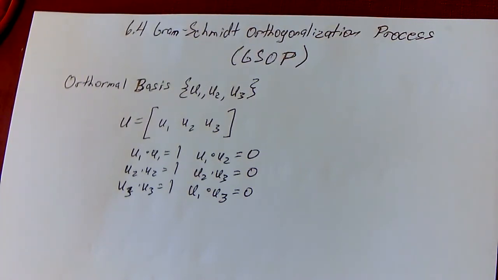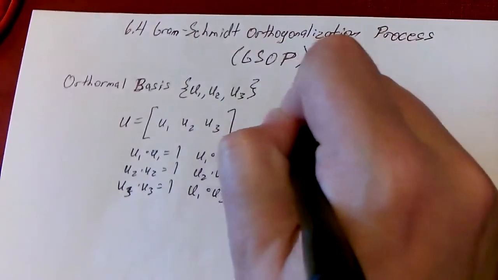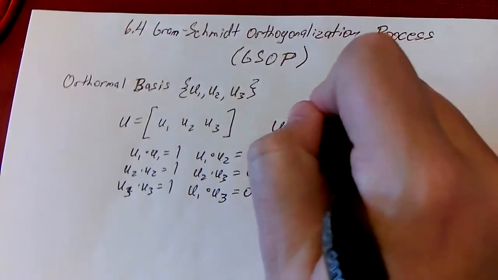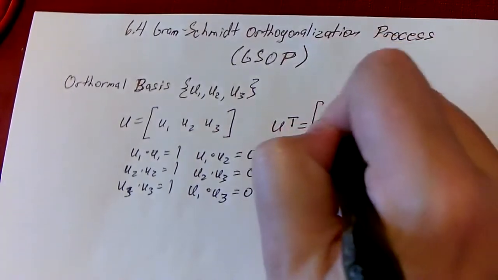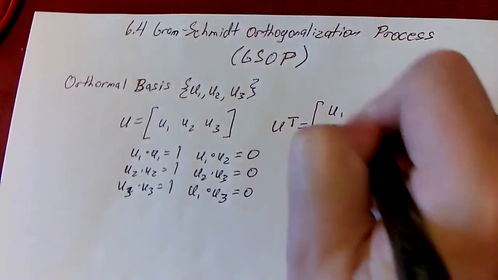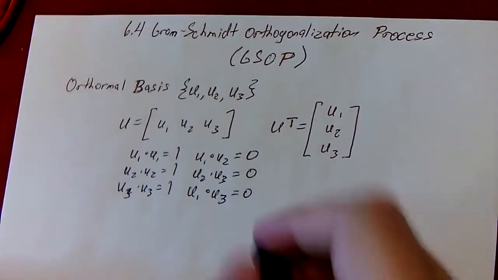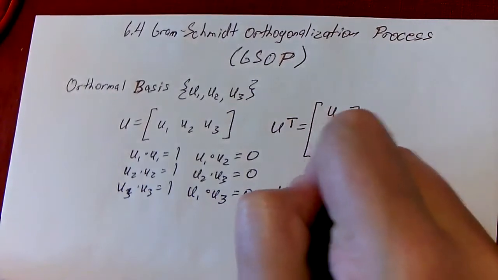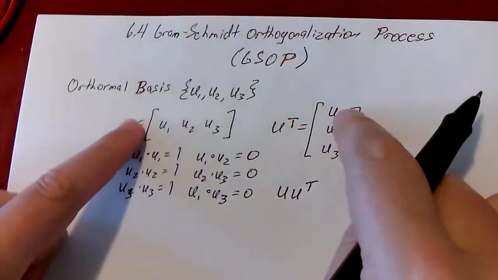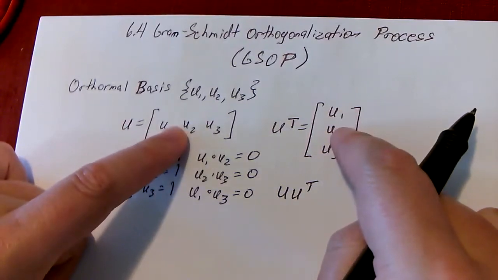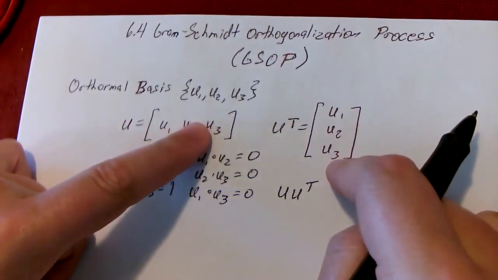Now, because we know it's orthonormal, if I take U transpose, so I'm switching the rows to the columns, then my rows are going to be U1, U2, U3. Then when I multiply U transpose times U, I'm going across and down. Well, U1 dot U1 is going to be 1, U2 dot U2 is going to be 1, U3 dot U3 is going to be 1, okay?